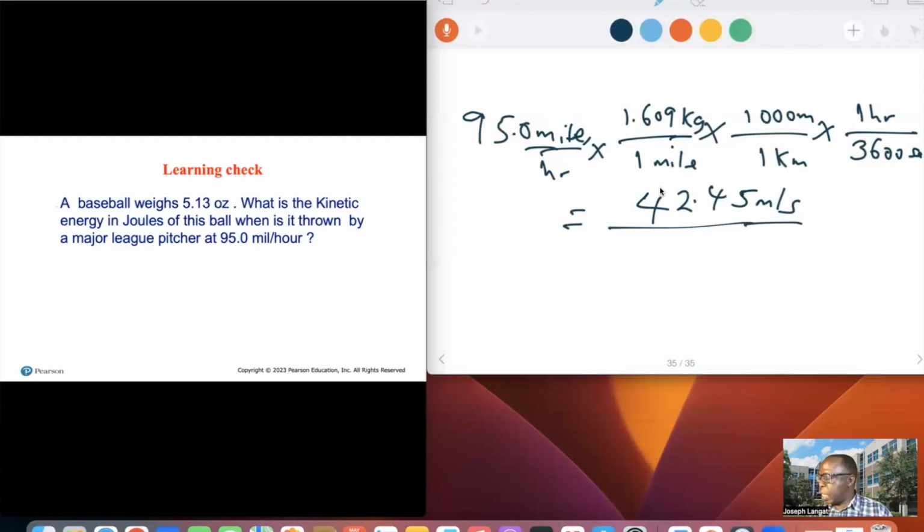Note how I set up my equation so that mile and mile will go away, hour and hour will go away, and kilometer will go away, leaving meters per second.